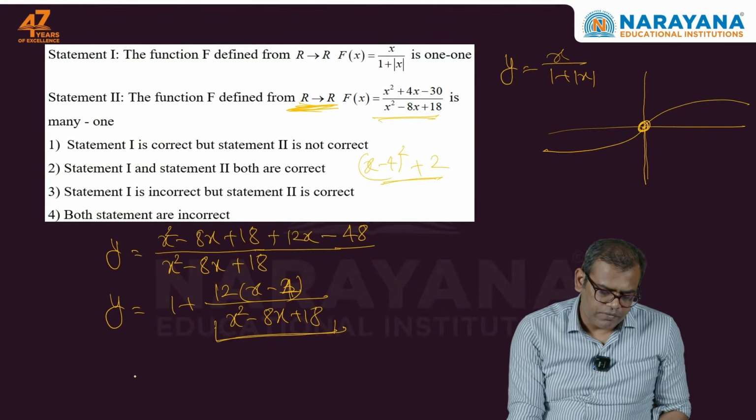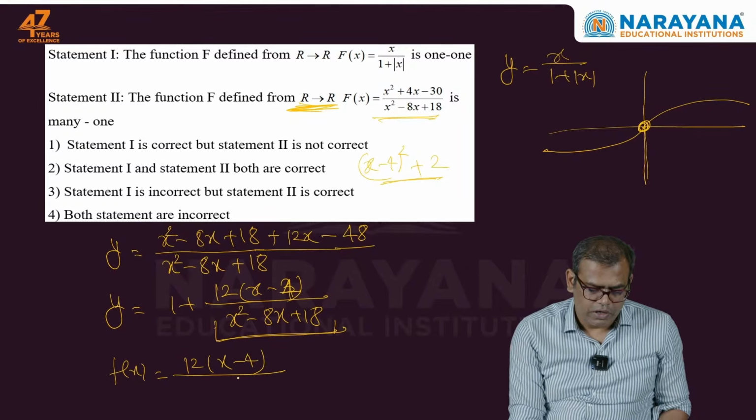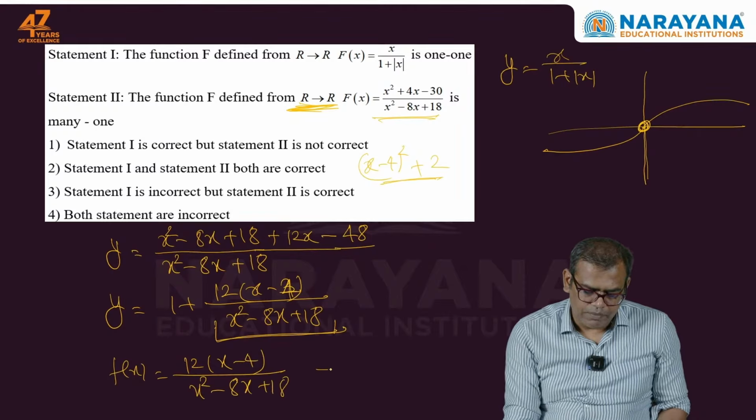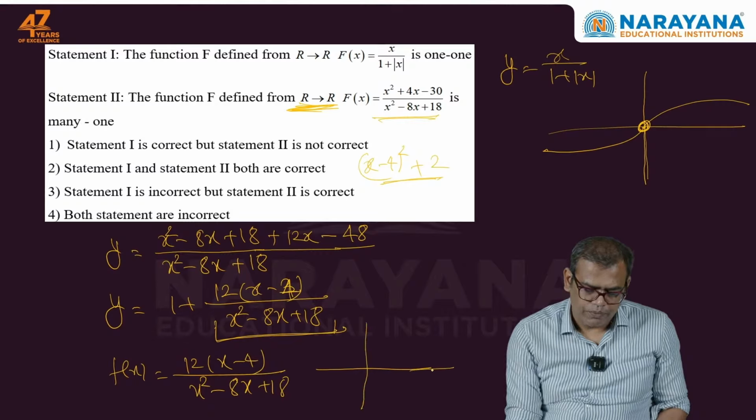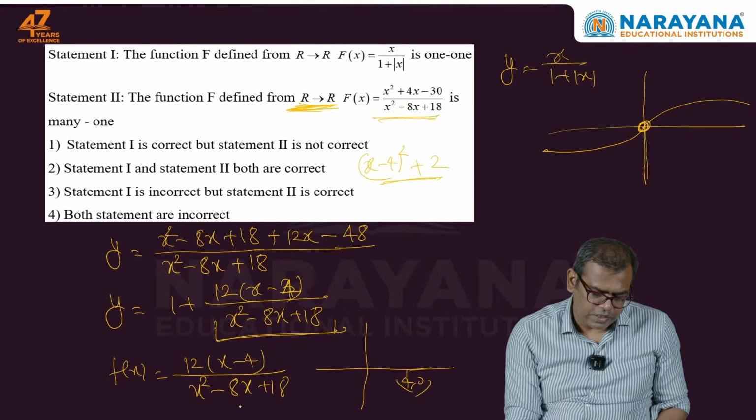So what kind of graph will come for this function? Take this other function, f of x equals 12 into x minus 4 divided by x square minus 8x plus 18. The graph will come like this: at 4 it will become 0, right? And as x approaches infinity, y will approach 0.